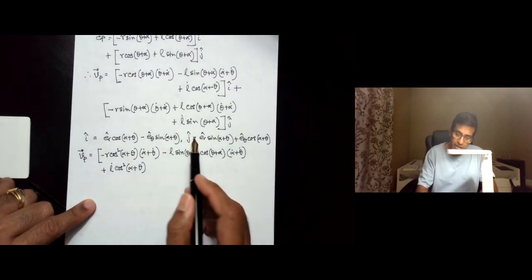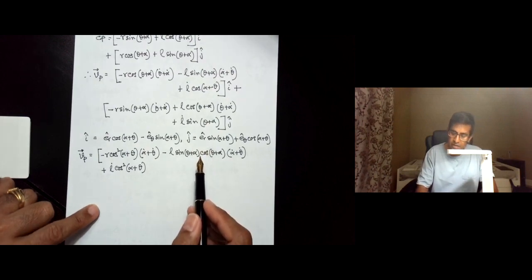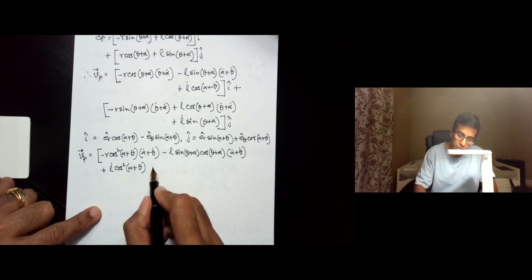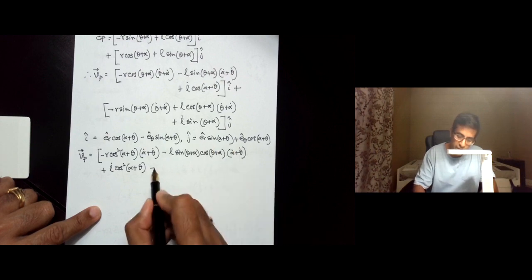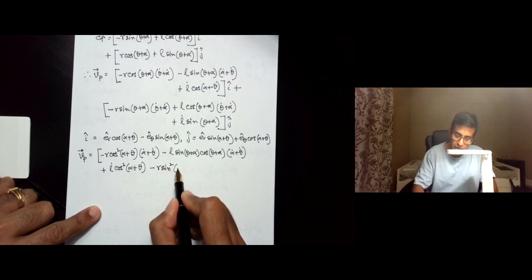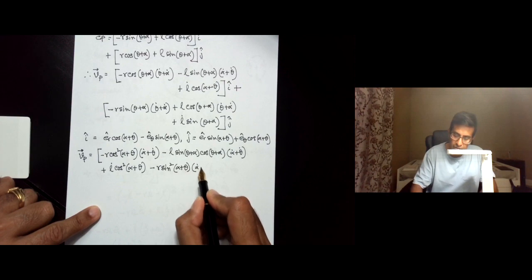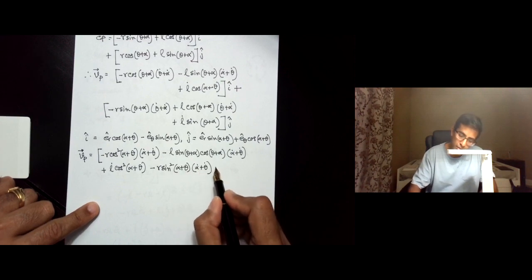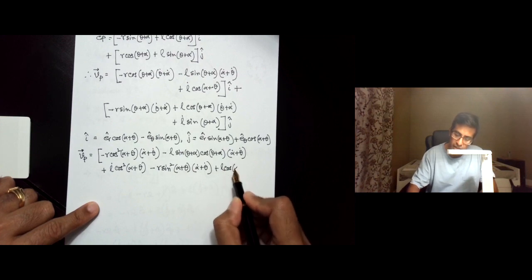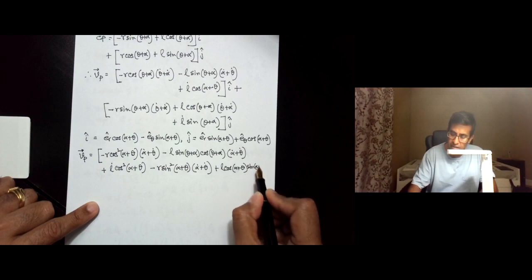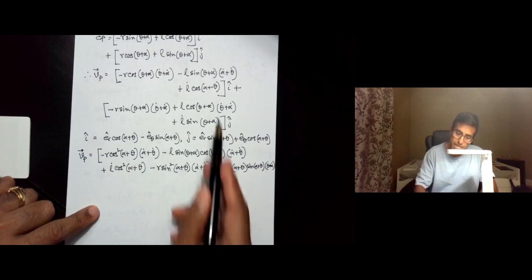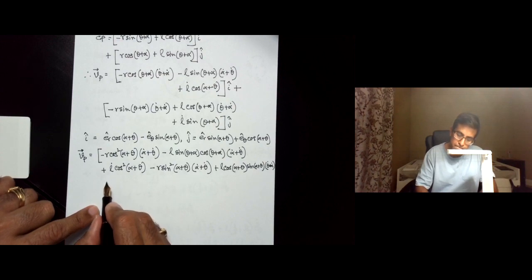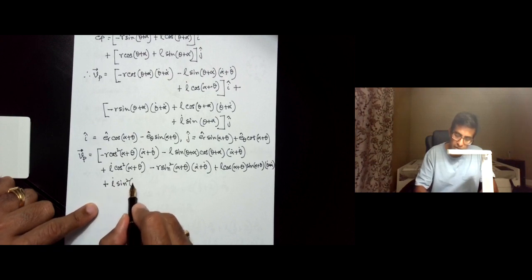Now if we do the same thing in j, that is substitute for j and collect the terms that have er as coefficient, we'll have to multiply by sine of alpha plus theta, so minus r sine squared alpha plus theta, alpha dot plus theta dot, plus L cosine alpha plus theta sine alpha plus theta, theta dot plus alpha dot, plus L dot sine squared alpha plus theta.